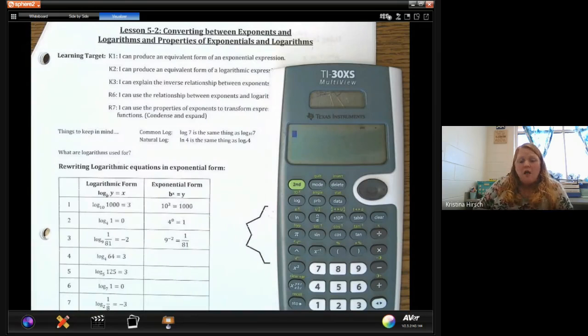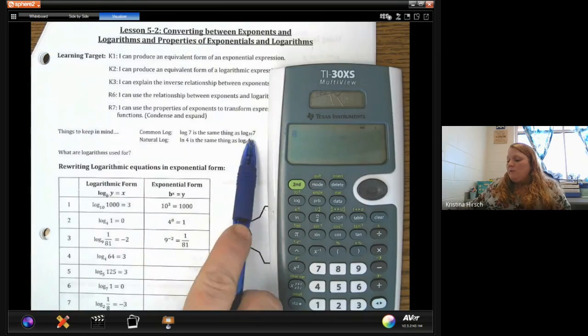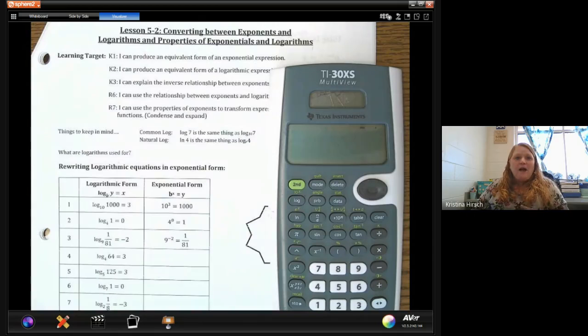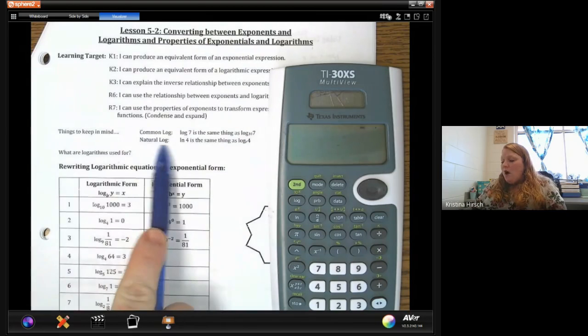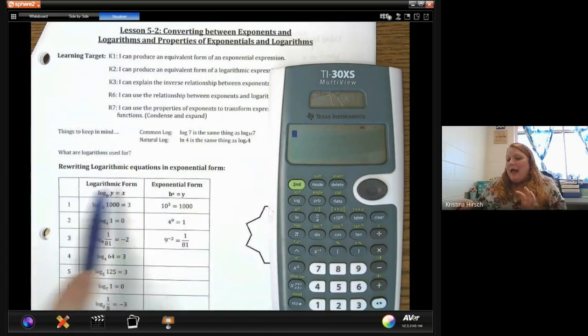That's why it's called a common log. They don't typically write the base 10. If they write log 7, they assume that you know that it's going to have a base 10, without them even writing it. It's kind of like 7 is the same thing as 7 to the first power. The 1 is understood, right? Same thing here.